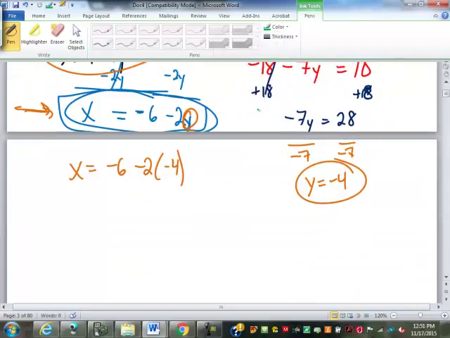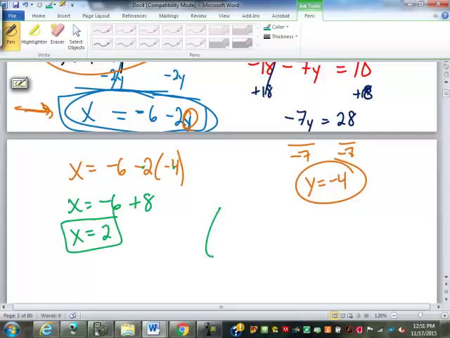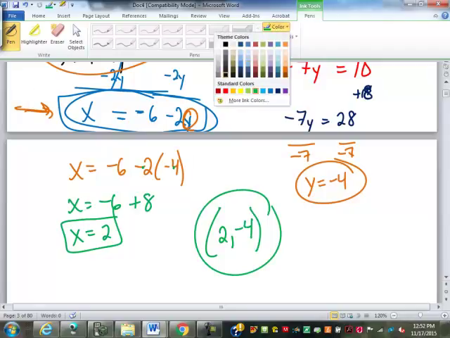The negatives here can be kind of clumsy, but we have the negative 6 here. I'm going to treat this as negative 2 times negative 4, so I get a positive 8. Negative 6 plus 8 is a positive 2, so x equals 2. So that is 2 comma negative 4.